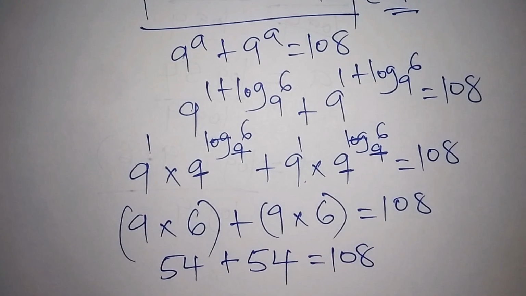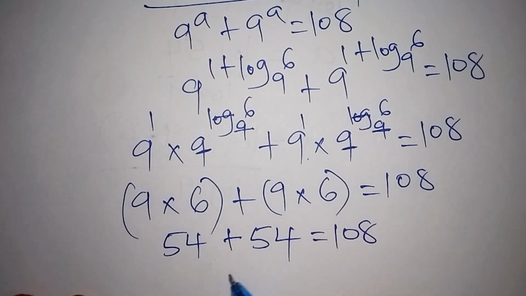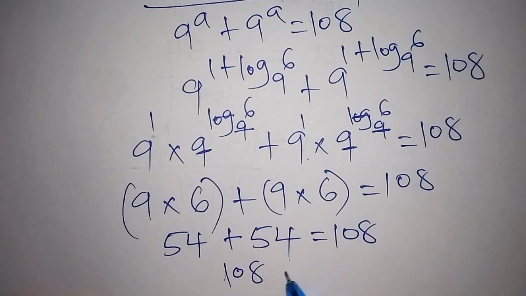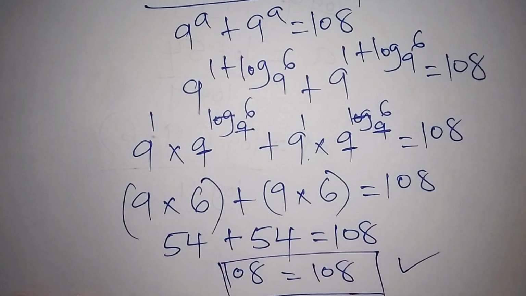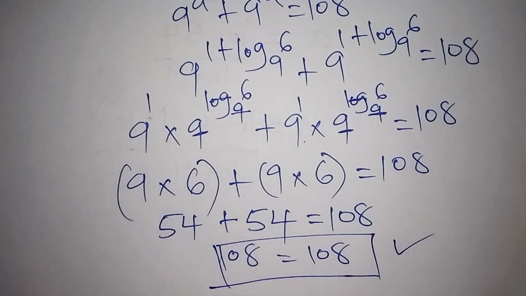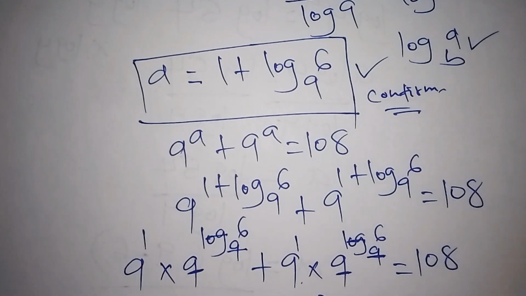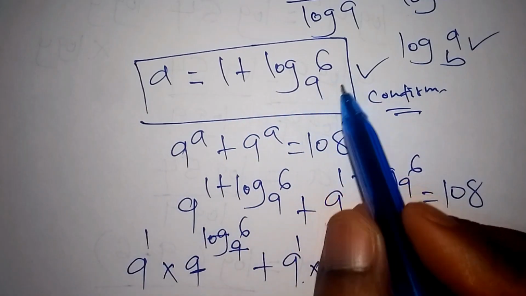So our answer is correct, because 54 plus 54 is 108. We are very correct when we conclude that our value for a in this case is equal to 1 plus the log of 6 to the base of 9.